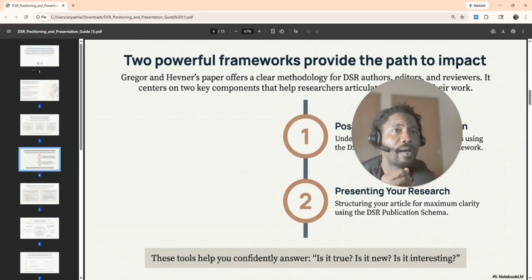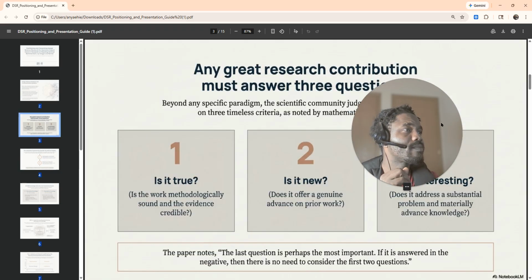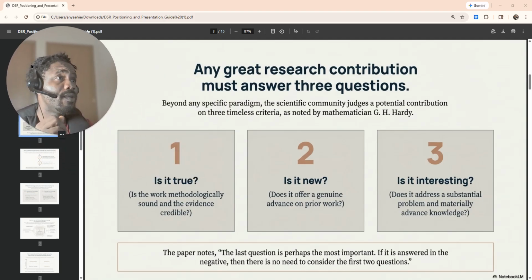So going to slide 3, this is a very important thing to note. Any great research contribution must answer three questions. Whatever field you are in, engineering or if you're creating something, your contribution must answer three questions, and these questions are mandatory in design science.